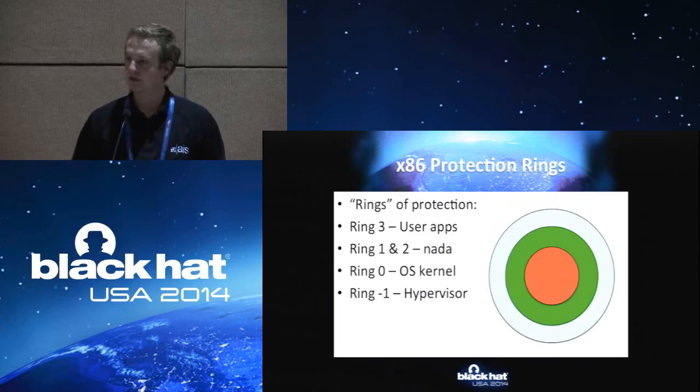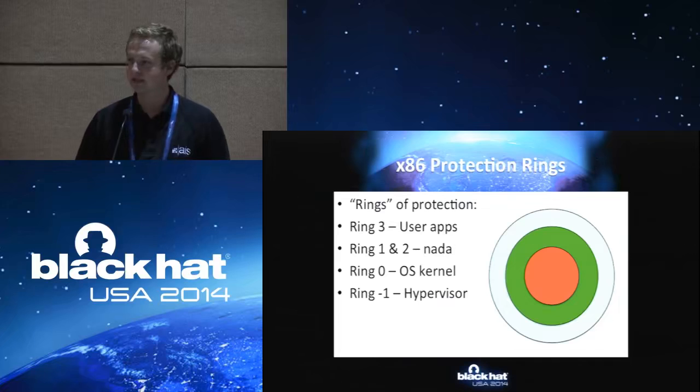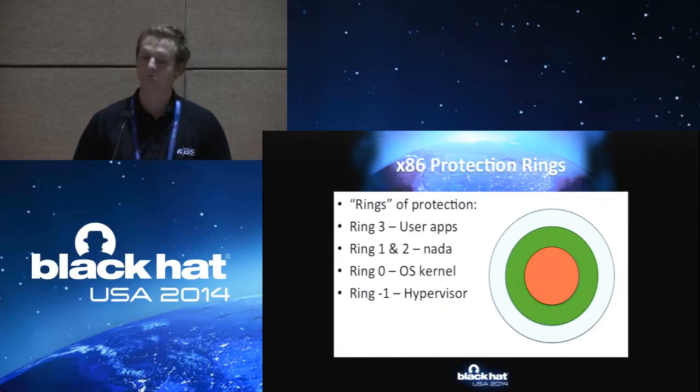Ring 0 is traditionally considered your kernel, so that's where Windows or Linux will sit. Ring -1 is a newer name for the hypervisor. It was added much later, but it has more privilege than the operating system kernel. If you want to keep going down, there's also ring -2, which is system management mode. Again, more privilege.